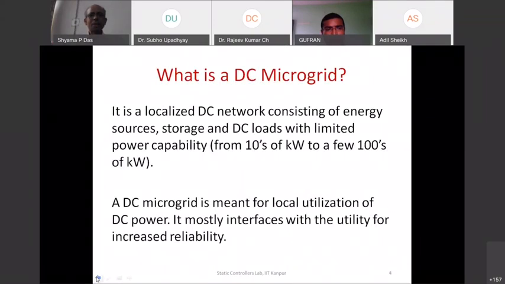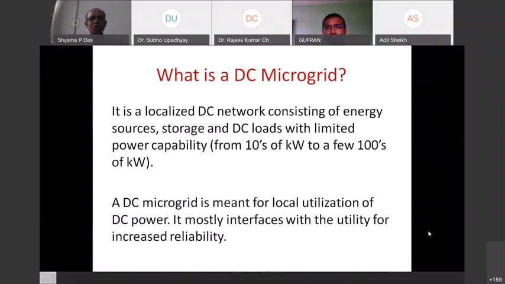Okay. What is a DC microgrid? As I already said, the DC microgrid is a localized network consisting of energy sources, storage, and DC loads with limited power capability. And the power capability can vary from a few tens of kilowatt to a few hundreds of kilowatt.